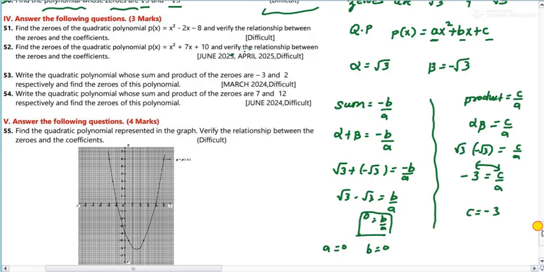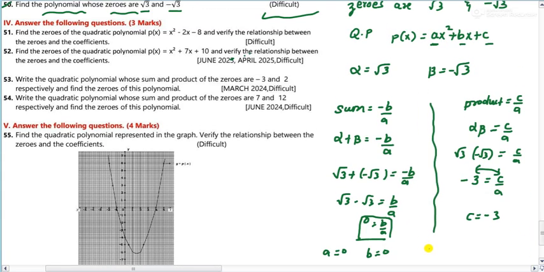So if you substitute in the equation P of x equals A x square plus B x plus C, it is 0 x square plus 0 x and C is minus 3. Okay, so the answer is, what is P of x? P of x is equal to just minus 3. This is the standard equation.